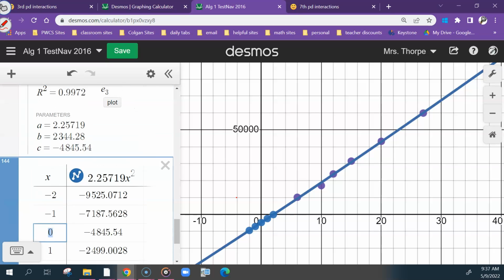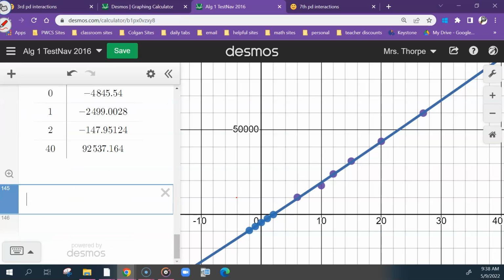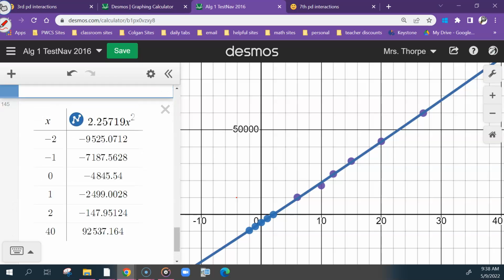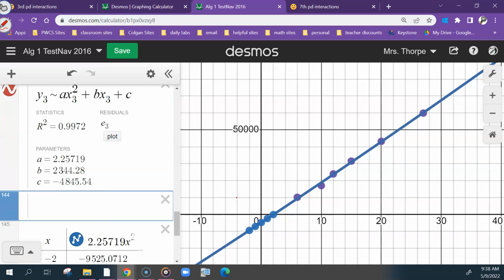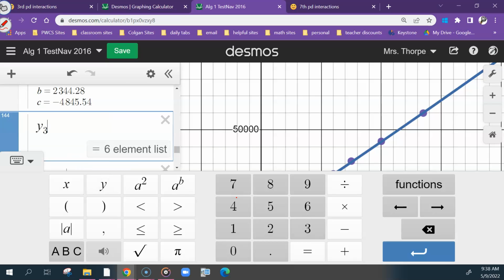If you're unsure of which one to use, you can look at this R2 value for the quadratics. The closer this is to 1, the better your line fits. If I did the line of best fit, it would look close, but not exactly.